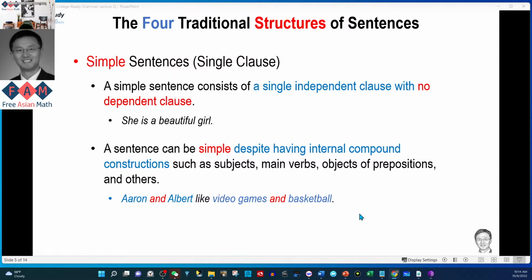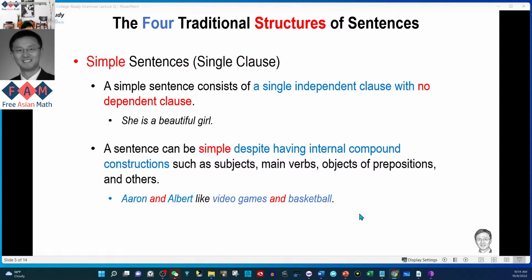So once again, those two are connected by this conjunction and it's a compound structure. But logically, this whole concept as a unit, something which consists of video games and basketball, is just one unit that is the object of this verb, like. So, despite the fact that we have some compound structure here, the whole sentence is logically very simple.